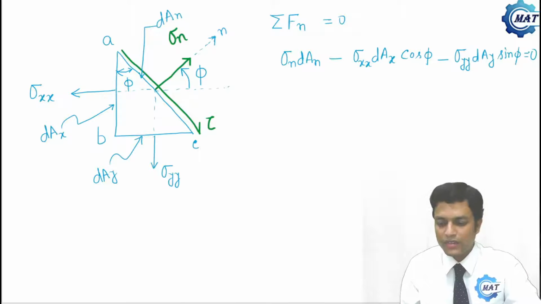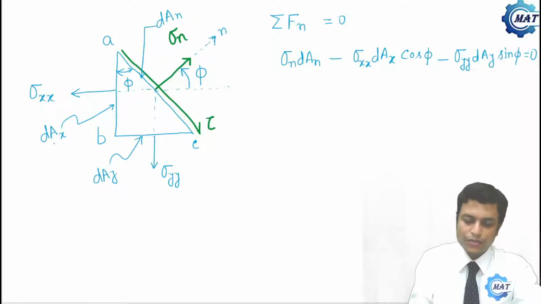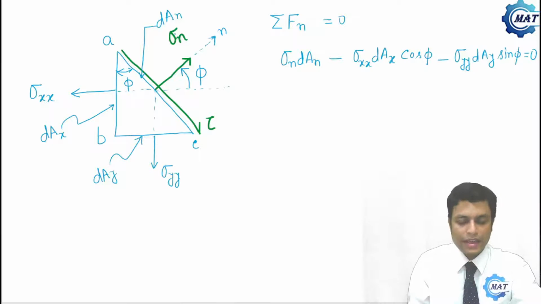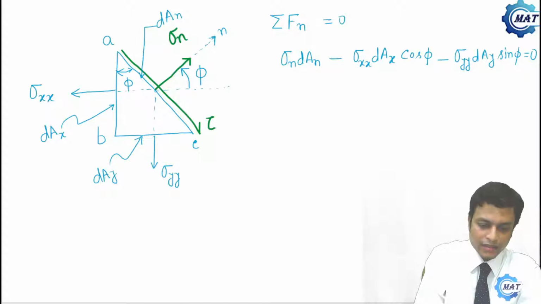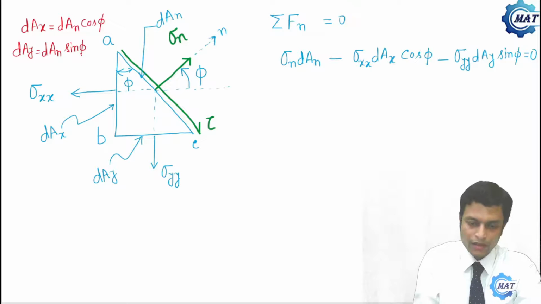So this is the force balance equation. Now we can develop another relationship between dAx, dAy and dAn. dAx will be dAn cos phi and dAy will be dAn sin phi.